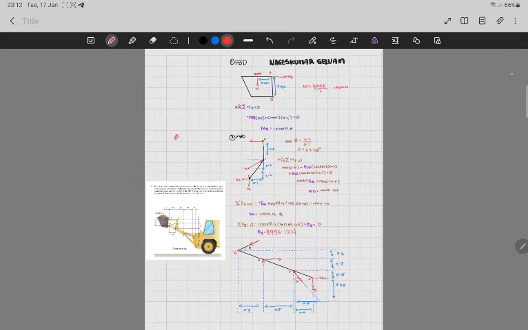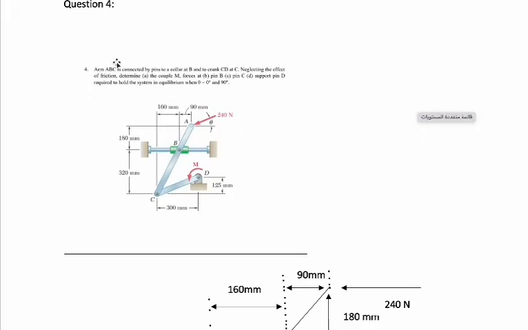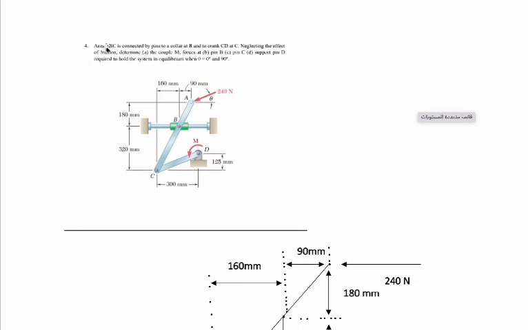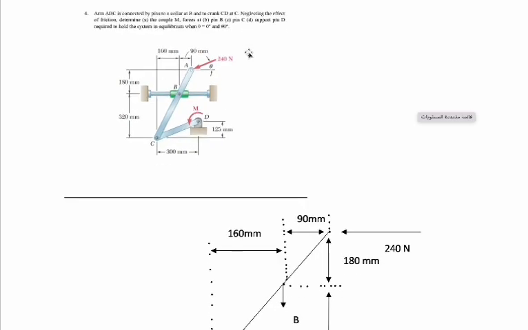Thank you. So here is question 4 from the assignment given. The question is: arm ABC is connected by pins to a collar at point B, and to crank CD at C. Neglecting the effect of friction, determine the couple M, and the forces at pin B, pin C, and support pin D, required to hold the system in equilibrium when theta equals 0 and 90 degrees.